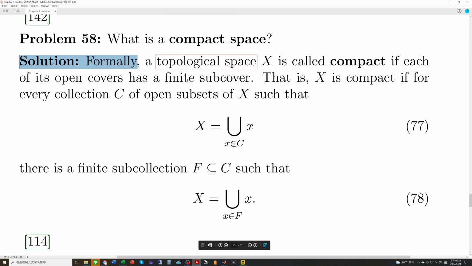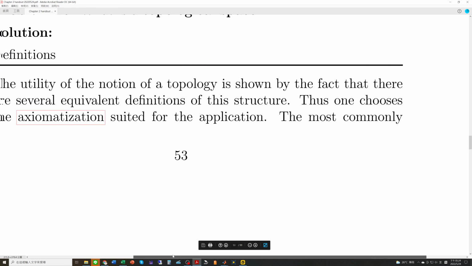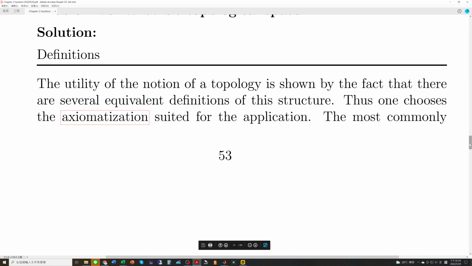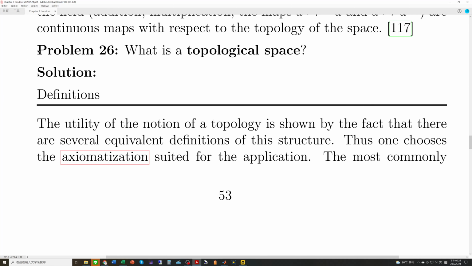So solution, formally a topological space X. Okay, what is a topological space? Okay, I have introduced it before. Okay, if you forget, you can click on this hyperlink and the PDF file will jump to here, problem 26, what is a topological space?